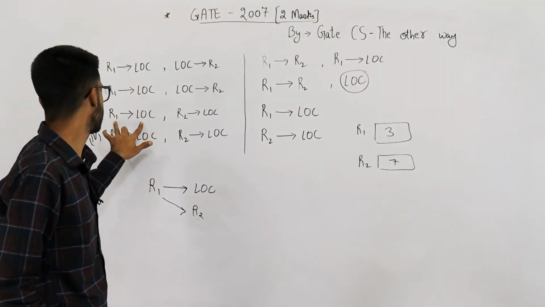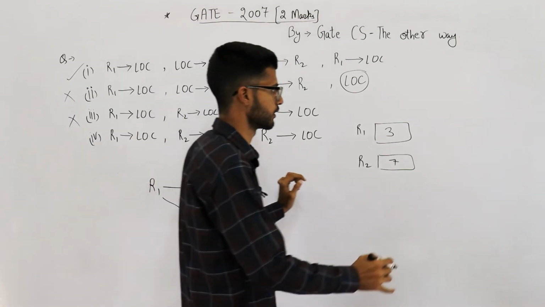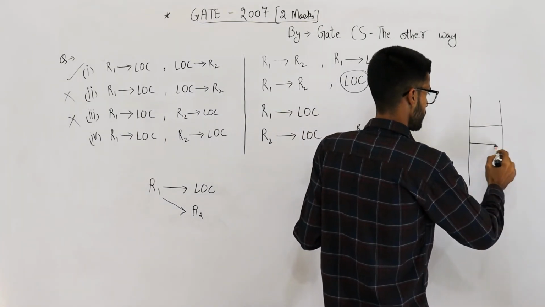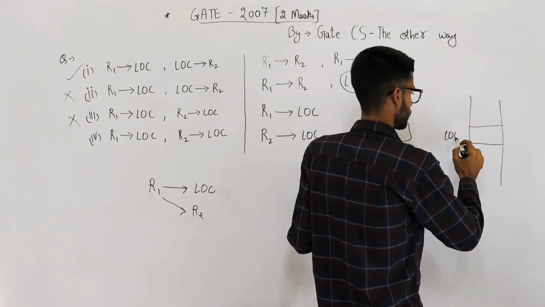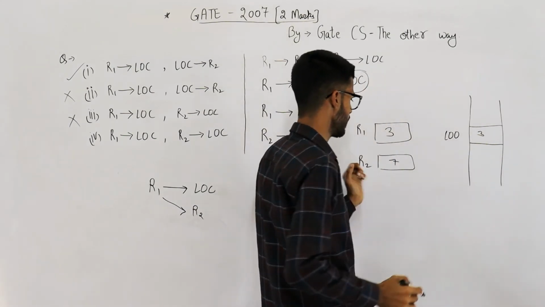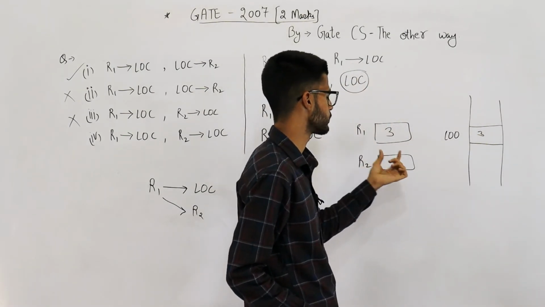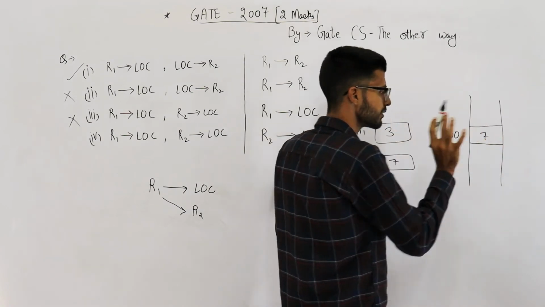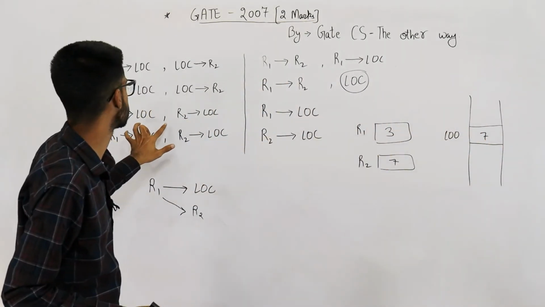First of all, we are copying R1's value into location and say this one is the memory location, LOC. First we are copying R1's value, that means 3. Then we are copying R2's value. So 3 now gets updated to 7. This is what this LHS is doing.